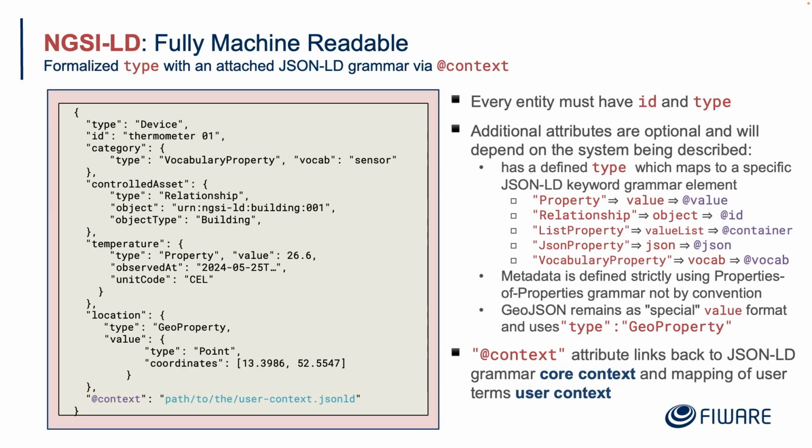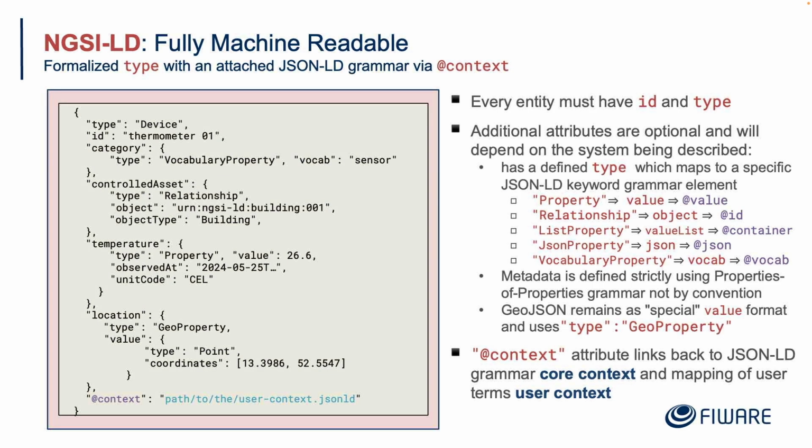Now, in addition to property, relationship, list property, JSON property, vocabulary property, there is also geo property, and geo property is the same as the geo::JSON format for NGSI-v2. So we no longer have just values for everything.